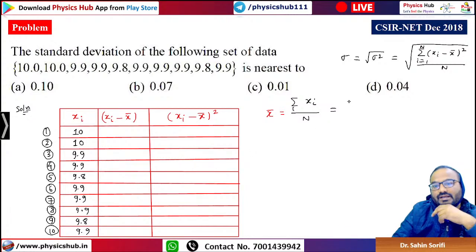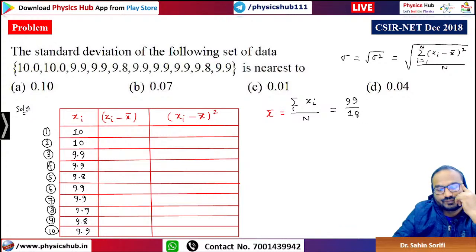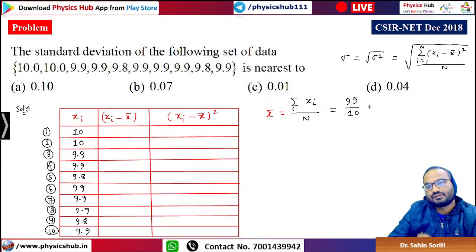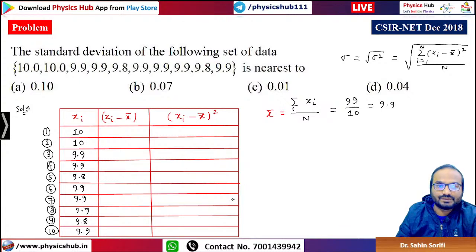Are you getting 99? 99 by 10. So 1 is missing, so 100 minus 1, 99. Okay, so that is why you are getting 9.9. Even without using a calculator, you can do it.